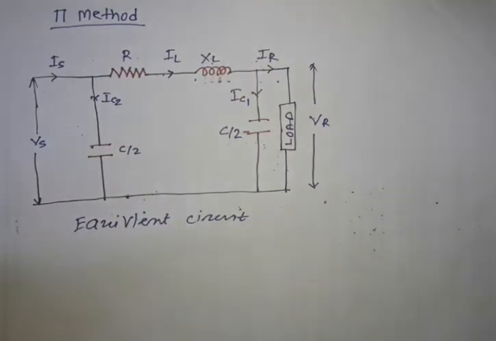Now we draw the phasor diagram. First of all, as per our above discussion, we draw a line for reference, and we take the receiving end voltage VR as the reference. So we draw line VR.